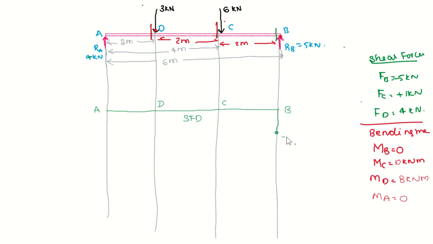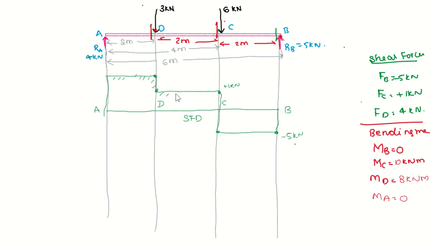There is no force in between B and C, so that will continue up to C. At C, suddenly 6 kilonewton is acting, and if you take the sum, that will become plus 1 kilonewton. There is no force again in between C and D, so that will continue up to D. Again at D, suddenly 3 kilonewton is added, 1 plus 3, that will become 4.